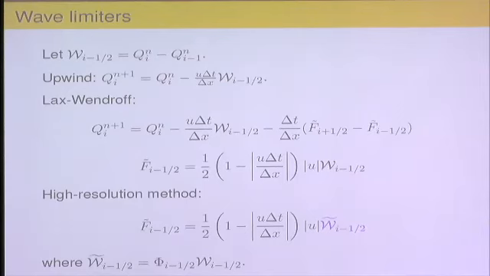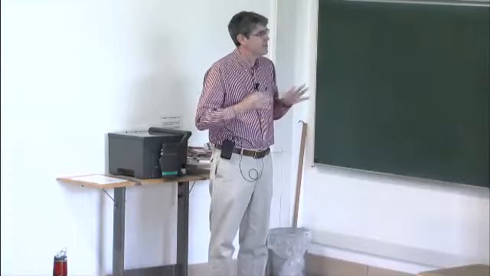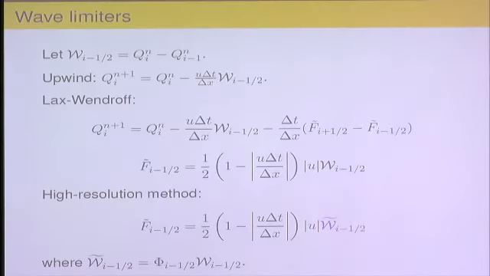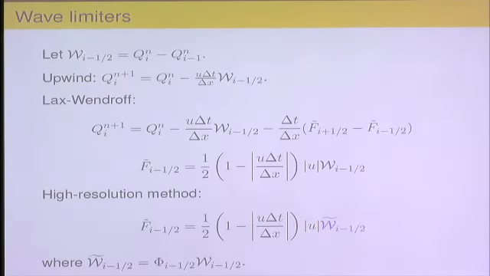To turn it into a high resolution method with these limiters, we do exactly the same thing, except we replace the wave by some limited version of the wave. So for each wave, we determine some limiter phi that's depending on how the data is behaving around this point, and modify the amplitude of the wave by this scalar phi.